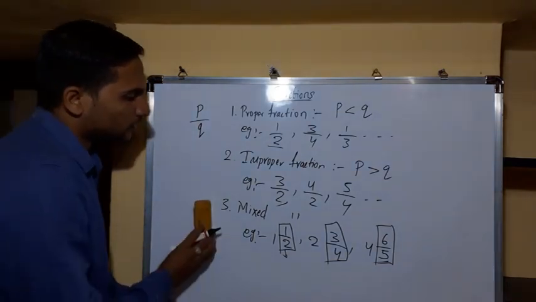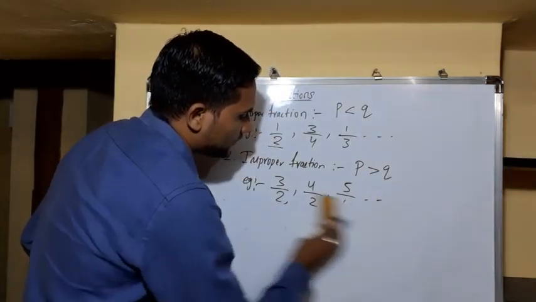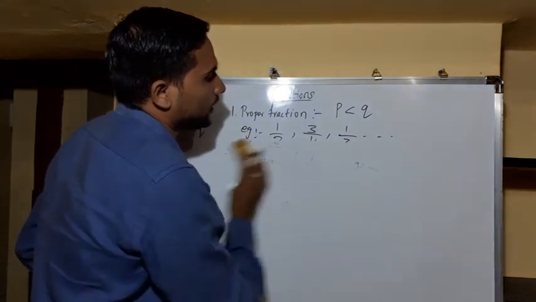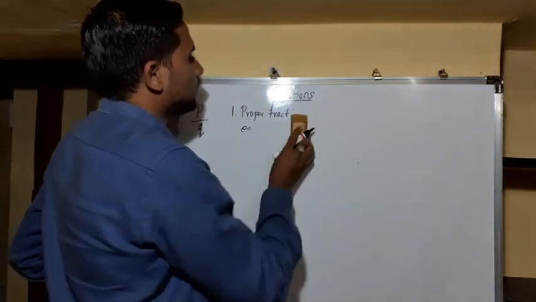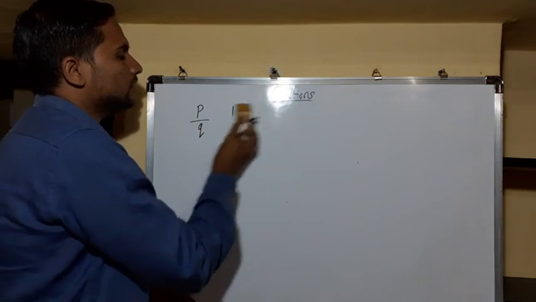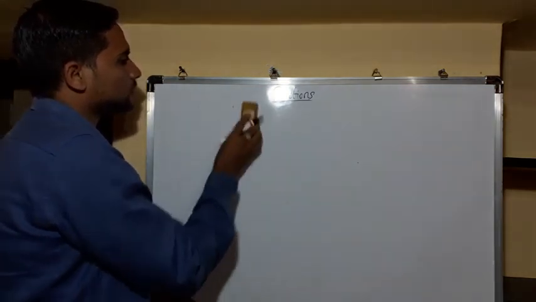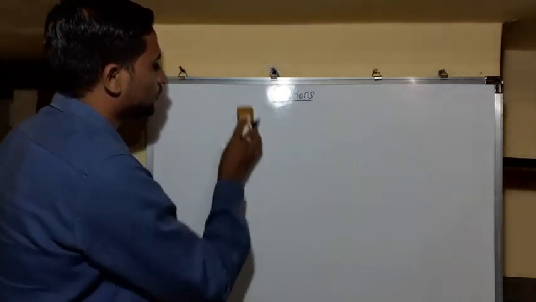So this is just a brief introduction about fractions, friends. What is fraction and what are its types, right? But the actual focus area is on the rules. So what are the rules or the short tricks we should apply in order to solve the simplifications?